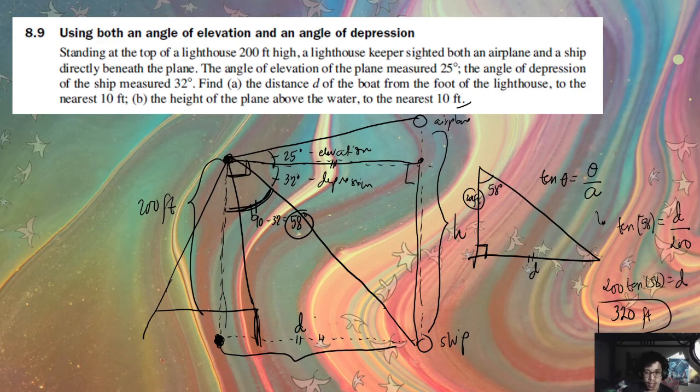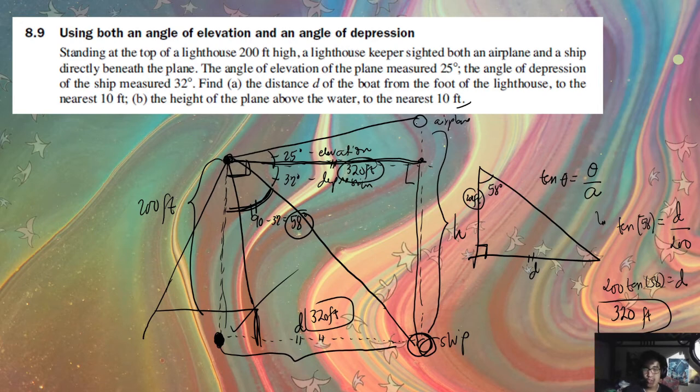Therefore the distance from the foot of the lighthouse to the ship is 320 feet. Since that is similar to this one, this is also 320 feet; it's congruent.